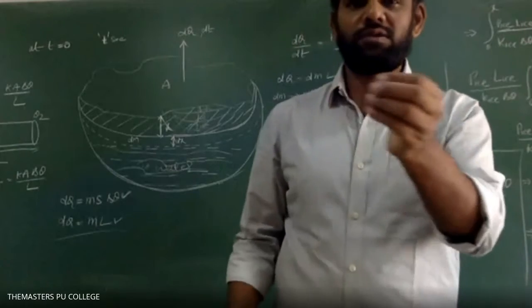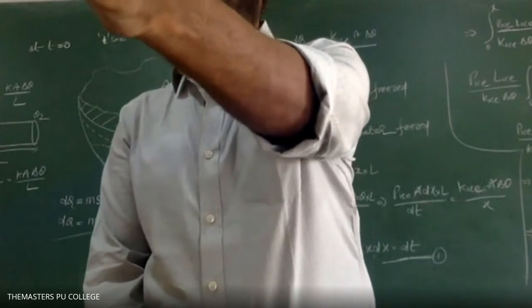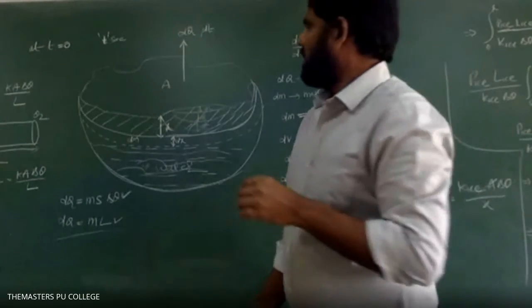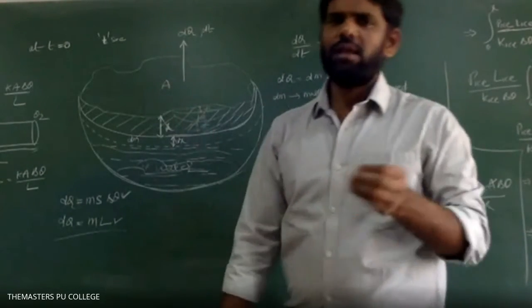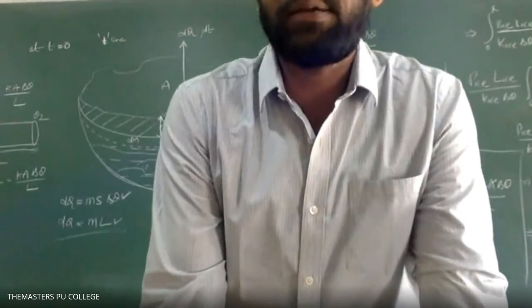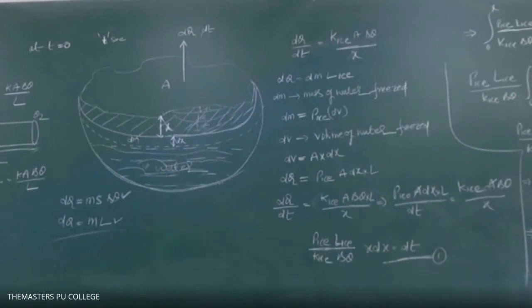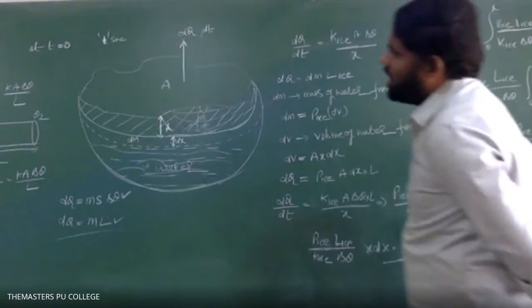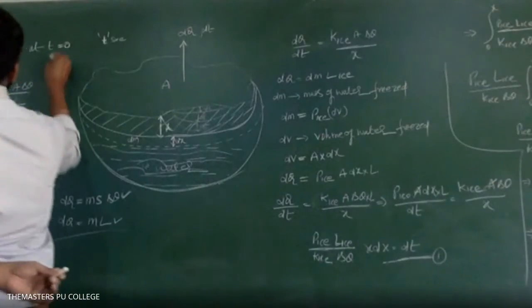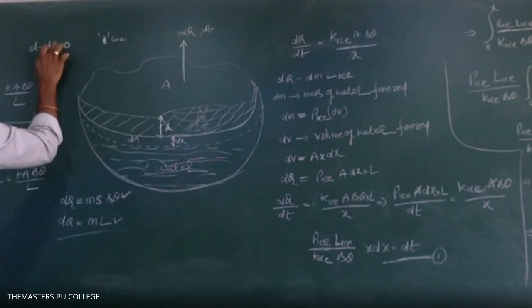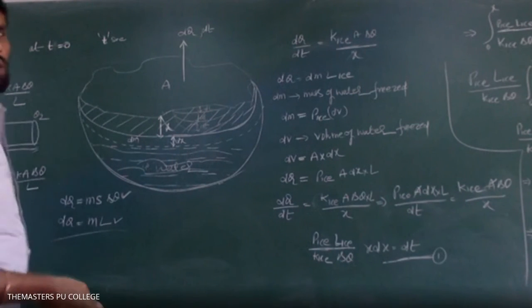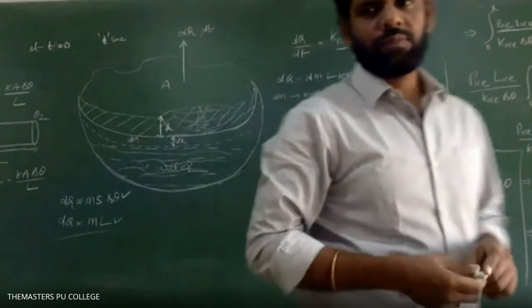So first, just write down or learn regarding this, beside the diagram. Let a lake of area A start freezing at t equals 0.